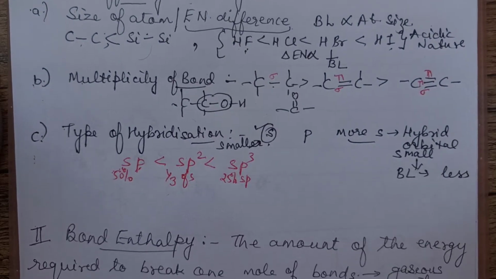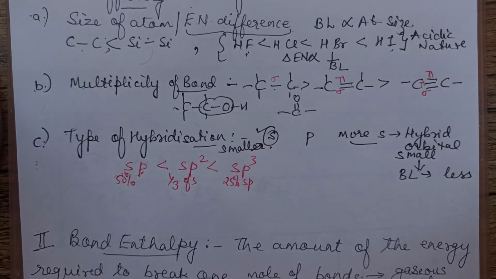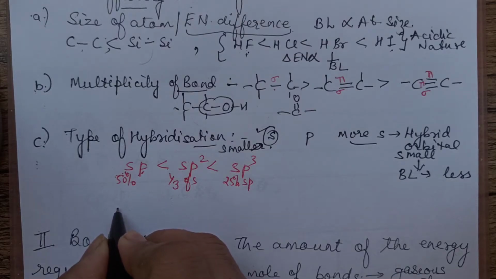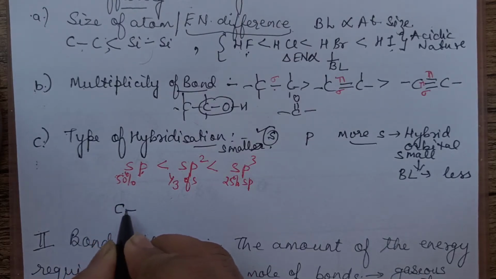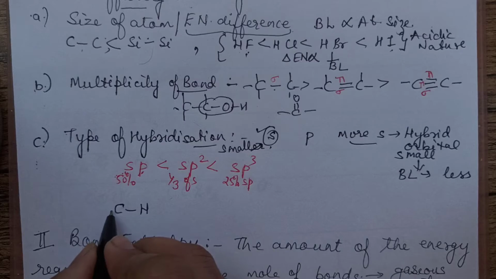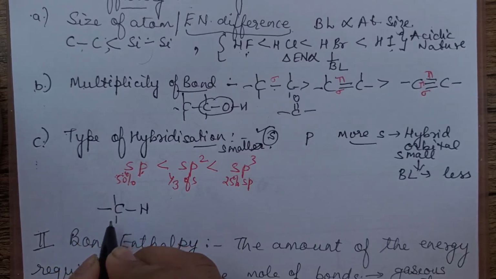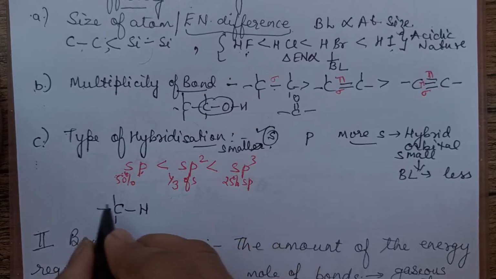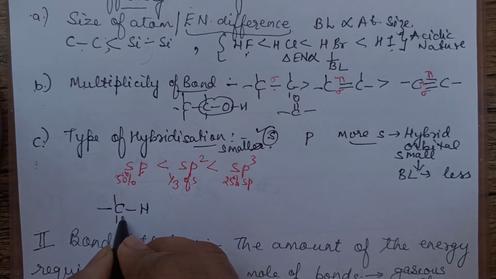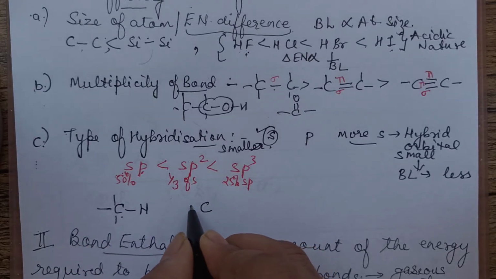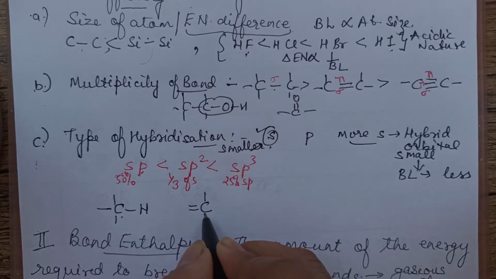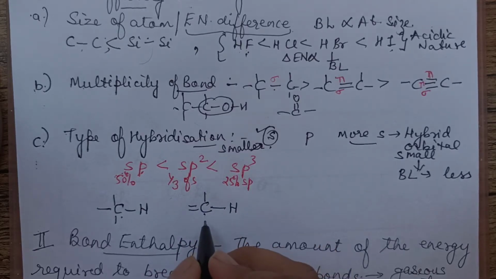Okay, this is also applicable to those examples where you are talking about carbon hydrogen bonds also. Sometimes they give like this, carbon hydrogen. This carbon is sp3 hybridized. 4 sigma bonds are there means it is sp3. Suppose I consider this one, this is having 3 sigma bonds, so this is sp2.